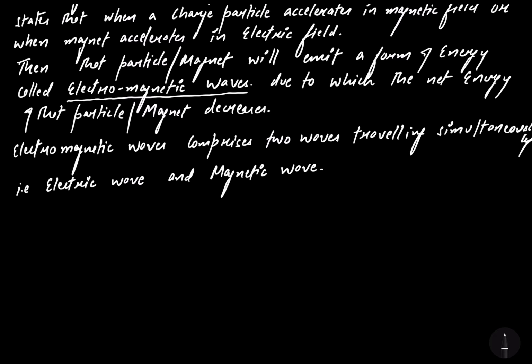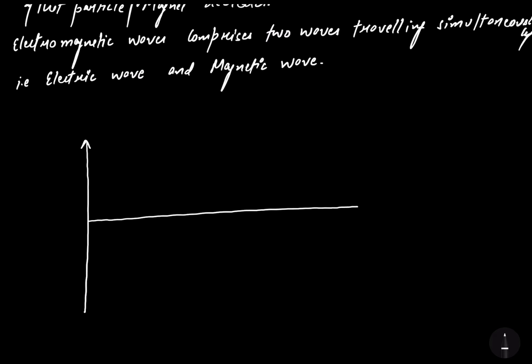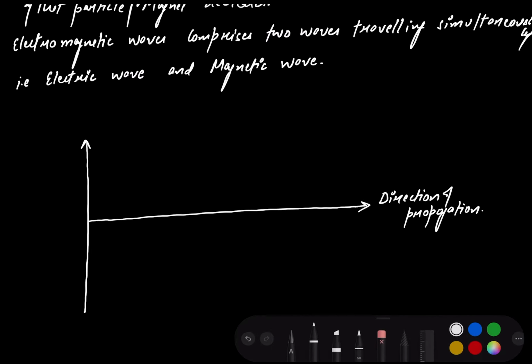Now I am drawing the graph for the electromagnetic wave. Please understand it very carefully. That's my y-axis, that's my x-axis, and the distance, or the direction of propagation. Now here what will happen?